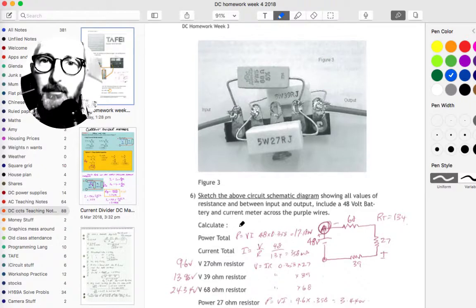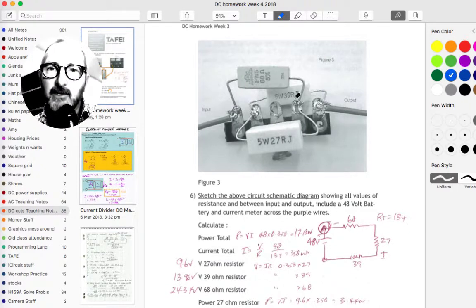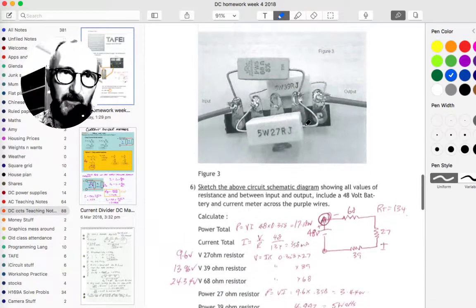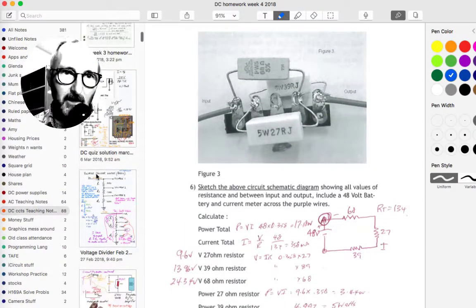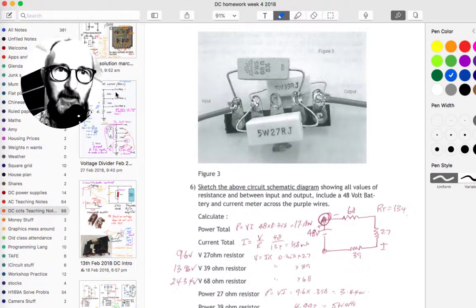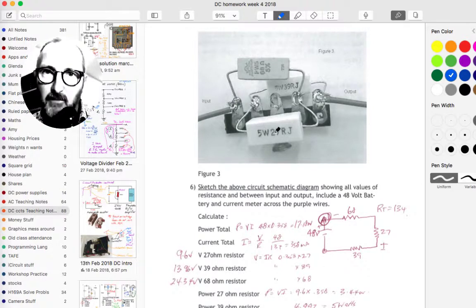The next question. I love this layout. This is so classical, and it's something that I grew up with, especially with the valve radio era, and having these tag strips and different resistors distributed across the tag strip. Maybe it could be used for something like a voltage divider. I'm going to do another small video on voltage dividers later, and this would be a very typical tag strip set up for a voltage divider, where we can take a different voltage from this point here and a different voltage from this point here.